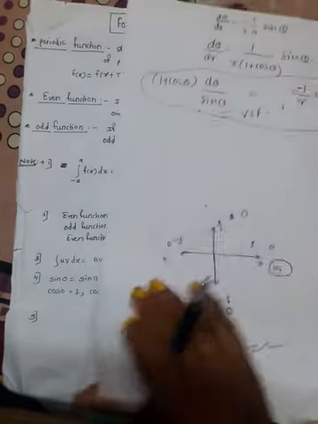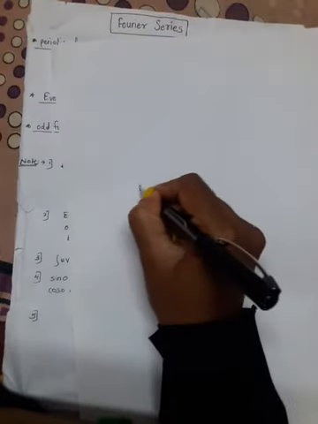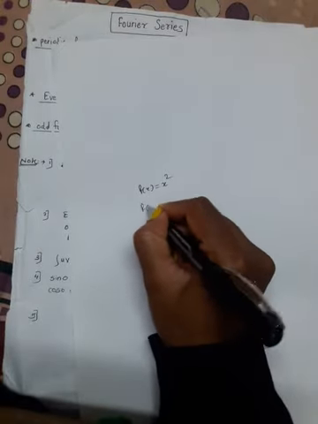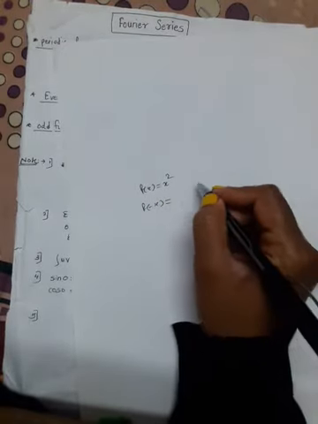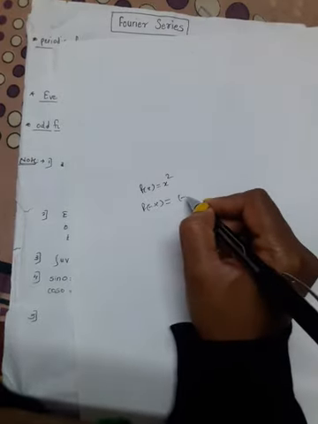Why? Suppose x square is a function. If you replace x by minus x, what does it become? Replace x by minus x everywhere, the rest of the terms as they are.